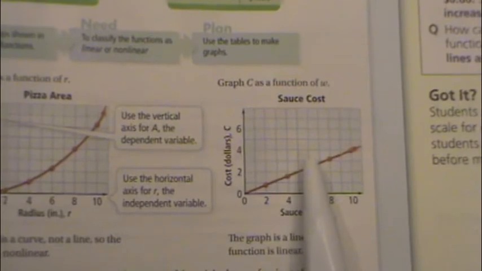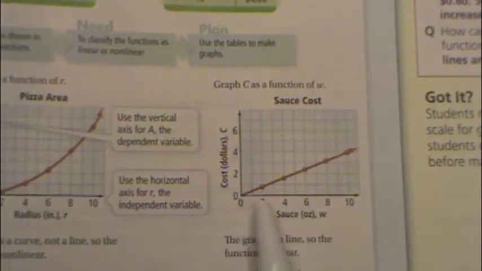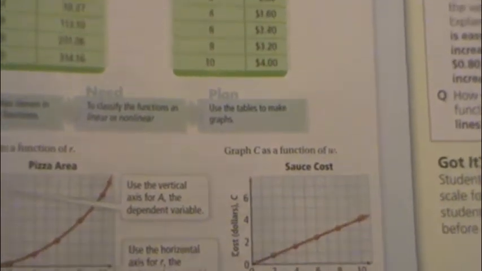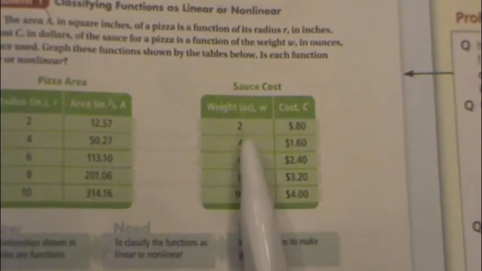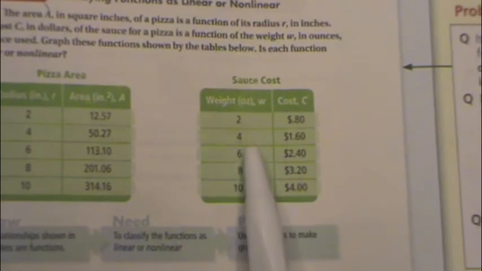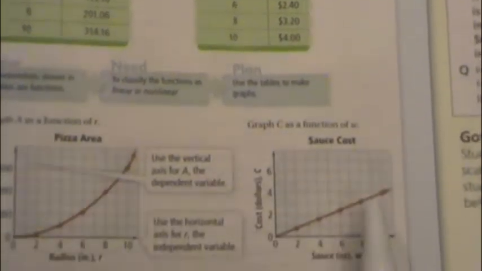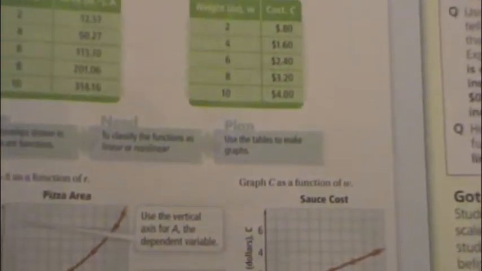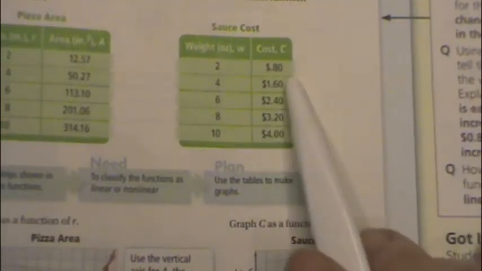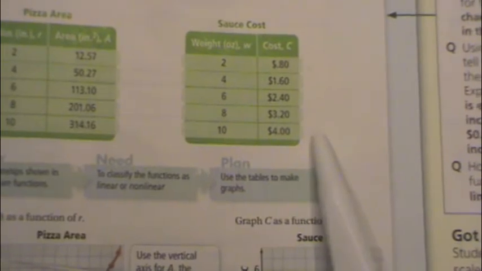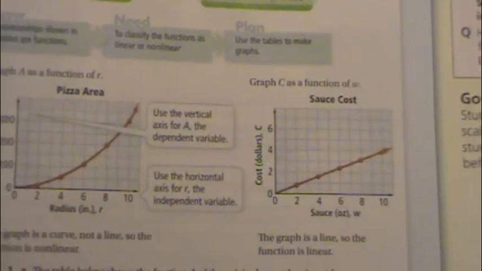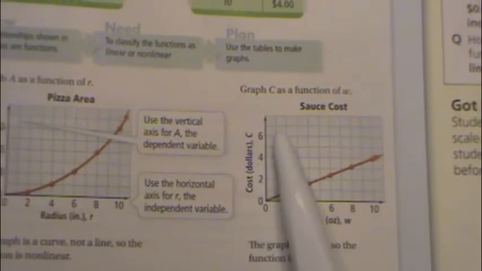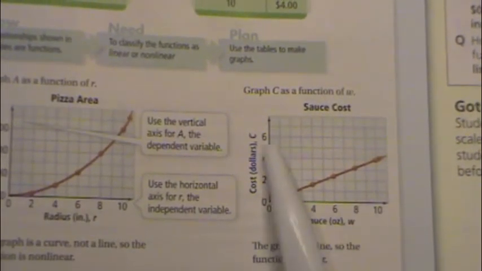Then they went on to cost. And again, your first step is how do you do the scale on your graph? Well, take a look at your points to plot. The x values go up by 2's, so you can use the same scale across the bottom. Your y values start at just under 1 and go up to 4, so you can use the same exact scale on the y-axis, 2, 4, 6.